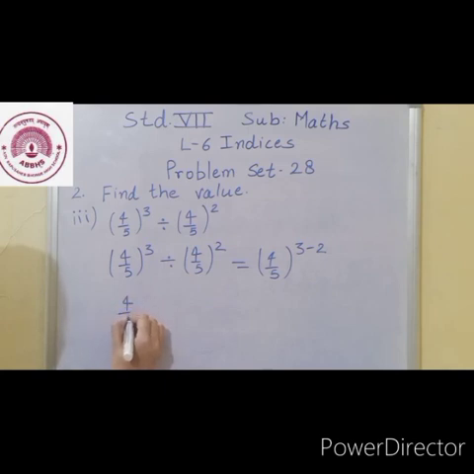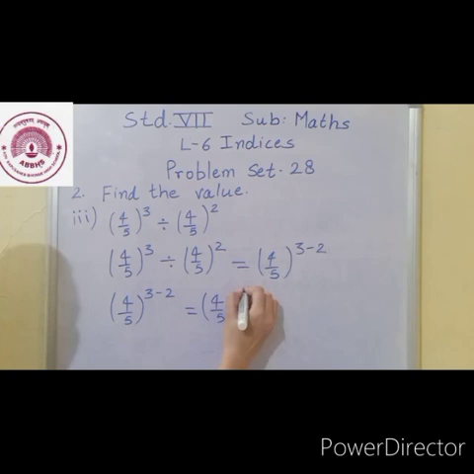Now, that becomes 4 by 5 raised to the power 1, which is the first power of 4 by 5. As we know, first power of any number is the number itself. So 4 by 5 raised to the power 1 becomes 4 by 5, and this is our answer.